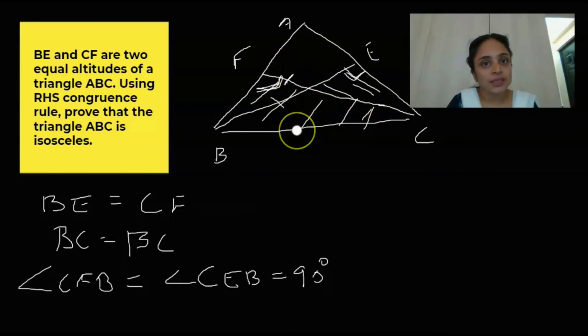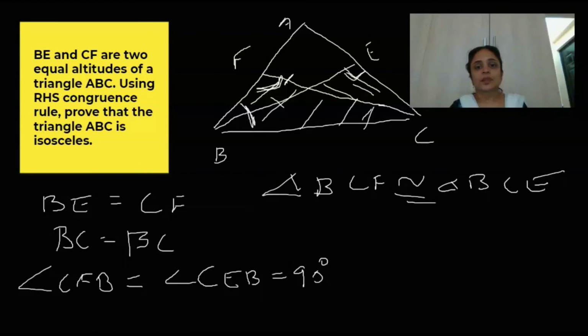That is, the hypotenuse and one side of one triangle are equal to the hypotenuse and the other side of the other triangle. So we can say that these two triangles are congruent. That is, triangle BCF is congruent to triangle BCE.